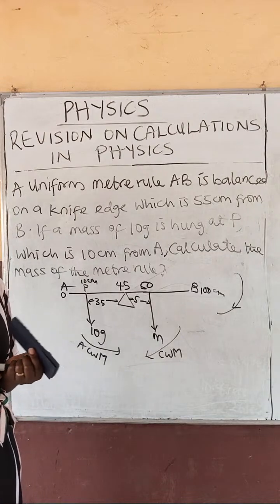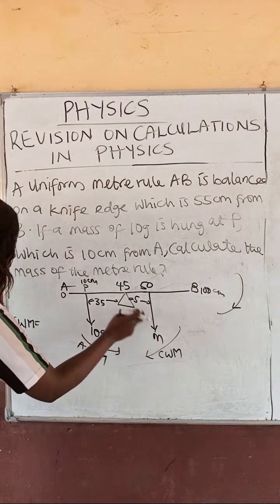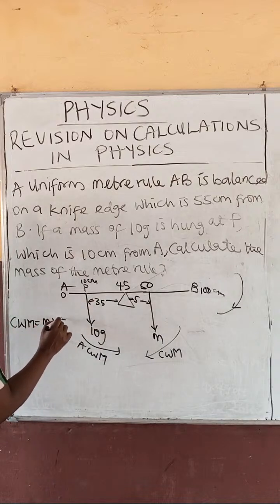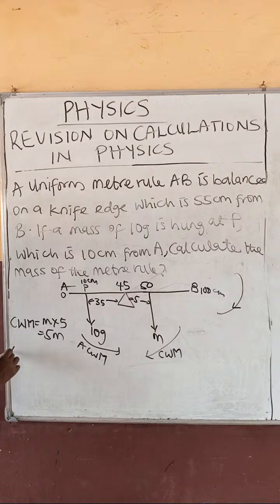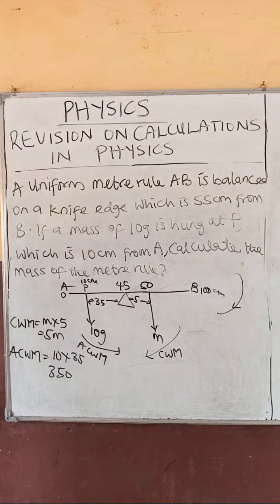So the force here is m, and the perpendicular distance is 5. Is that okay? All right, so let's solve what we have. I will say clockwise moment is equal to m times what? M times 5, which will give me 5m, okay? Anti-clockwise moment is what? 10 times 35, which will give me 350. Do we understand?